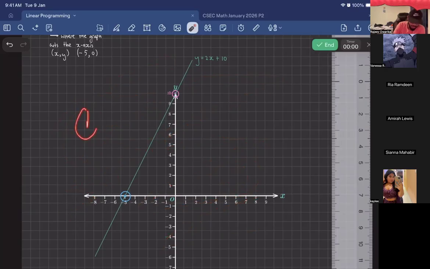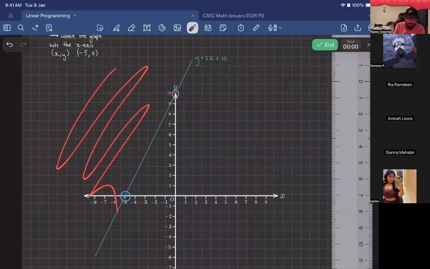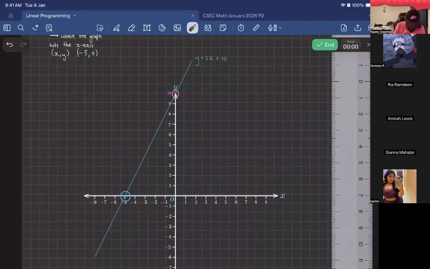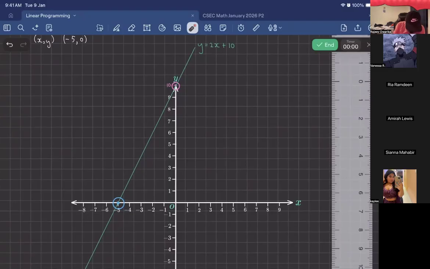So this is region one and this is region two. Pick a point anywhere in that region. Which region do you want to look at? Region one or region two? Region 1. Okay, pick a point anywhere over here.